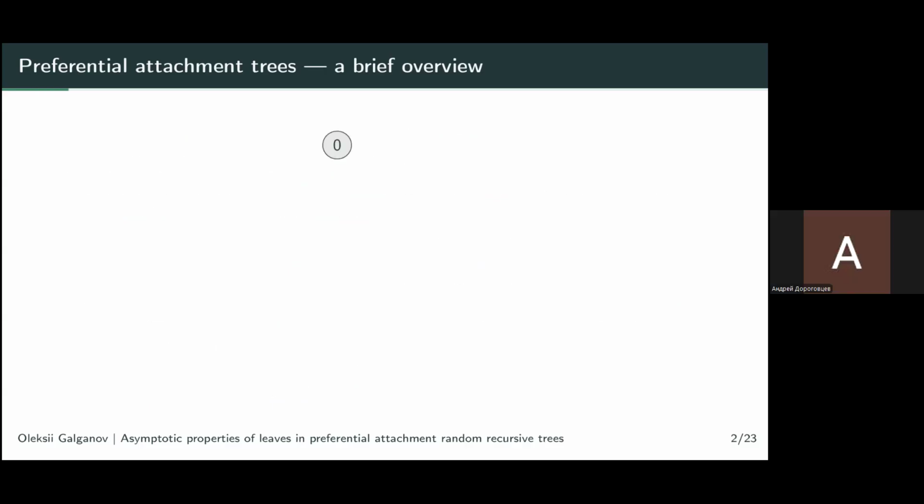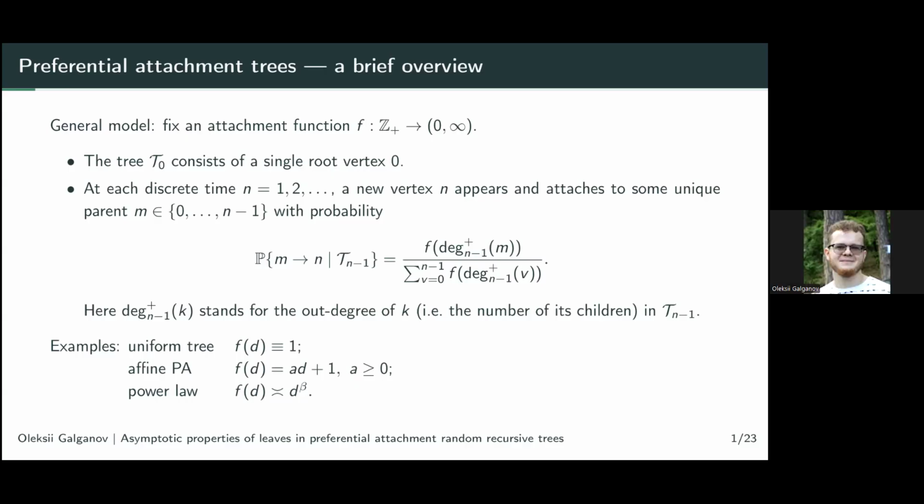Can I have a question, please? Sure. This formula, I don't understand exactly what this notation is. You said that we attach a new vertex to the parent M, but here we have M arrow N. What does it mean?